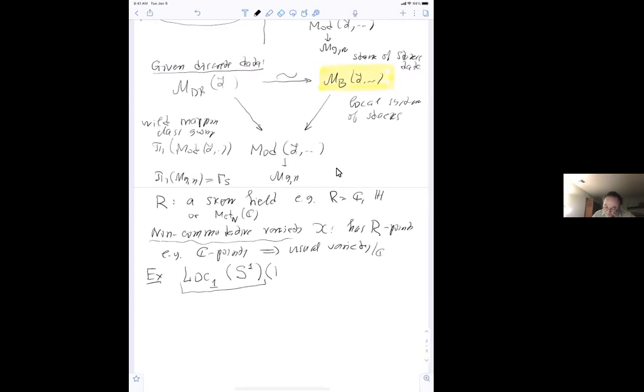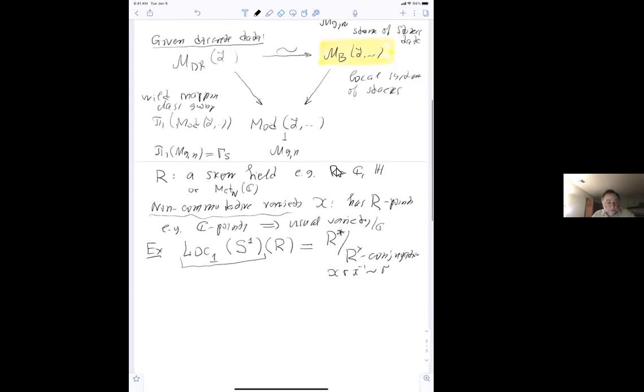And if you want to take its R points, then it's not R star, as you might think, it's R star divided by R star conjugation. It's a very important remark for us. So x r x inverse is equivalent to r when r lives in this R star.